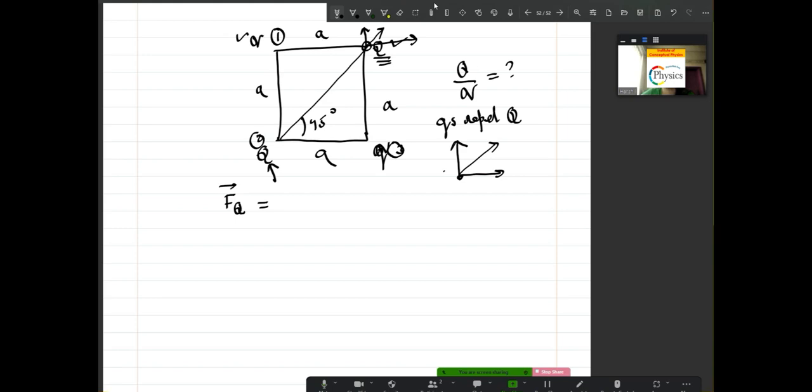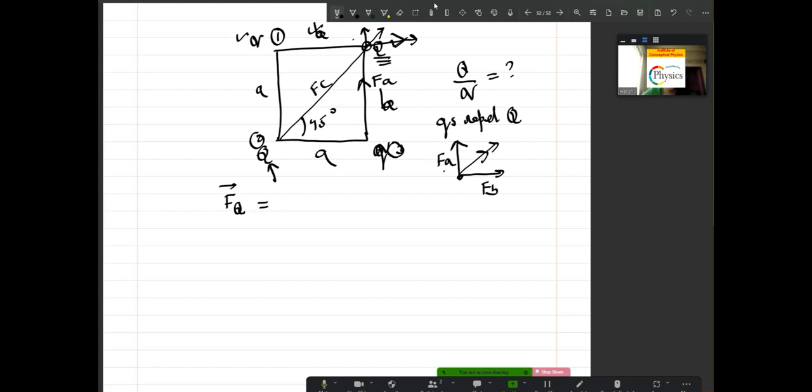If you were given this situation, so if I were to say this is fa, the force due to a, it is vertical. And this is fb, for example, the force which is repelling, and then the diagonal force, let's call it fc.